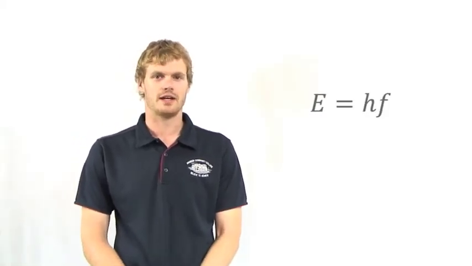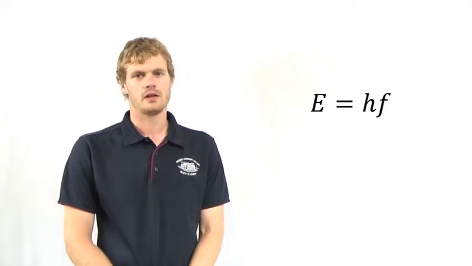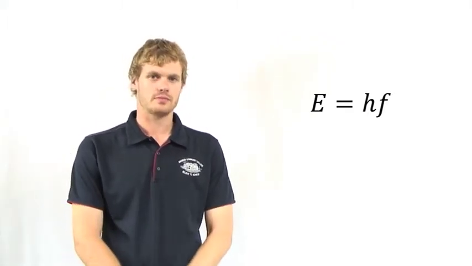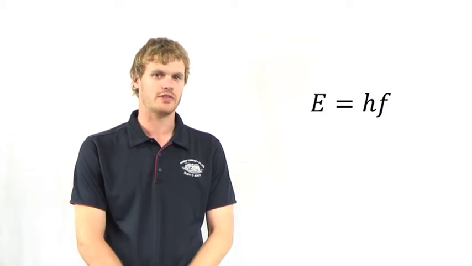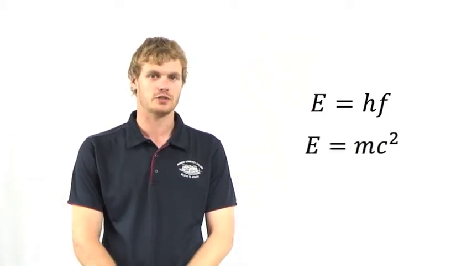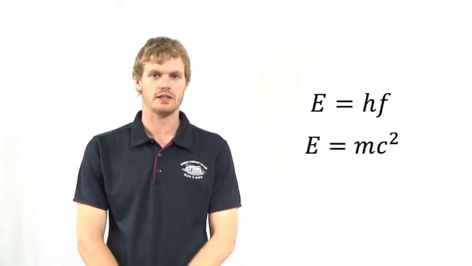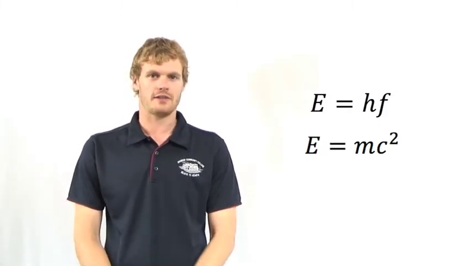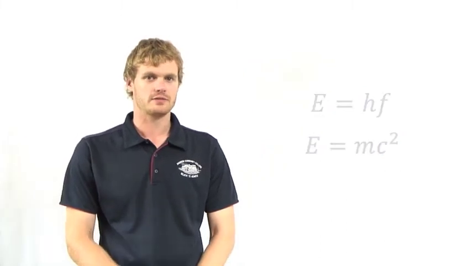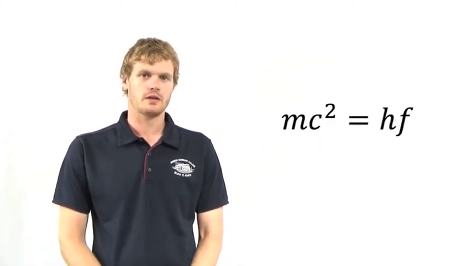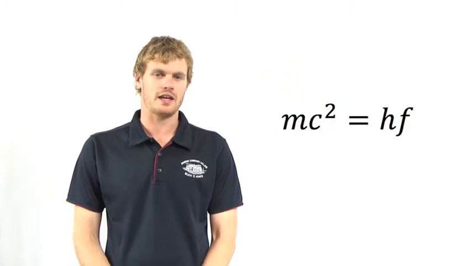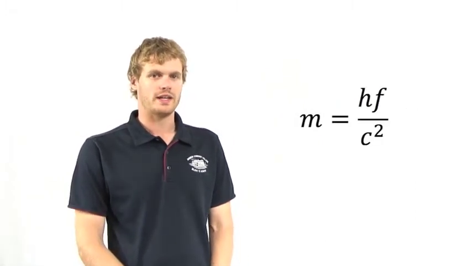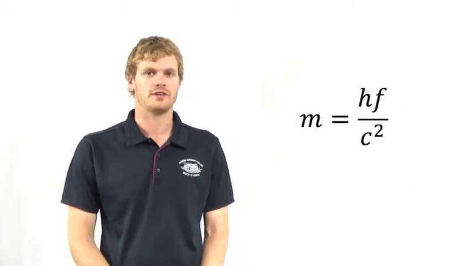To find out the momentum of our particles, if the energy is equal to hf, and our energy can be worked out using Einstein's famous equation E is equal to mc squared, where c squared is the speed of light squared. So if we have mc squared is equal to hf, if we then rearrange this formula to get m by itself, we get m is equal to hf divided by c squared.